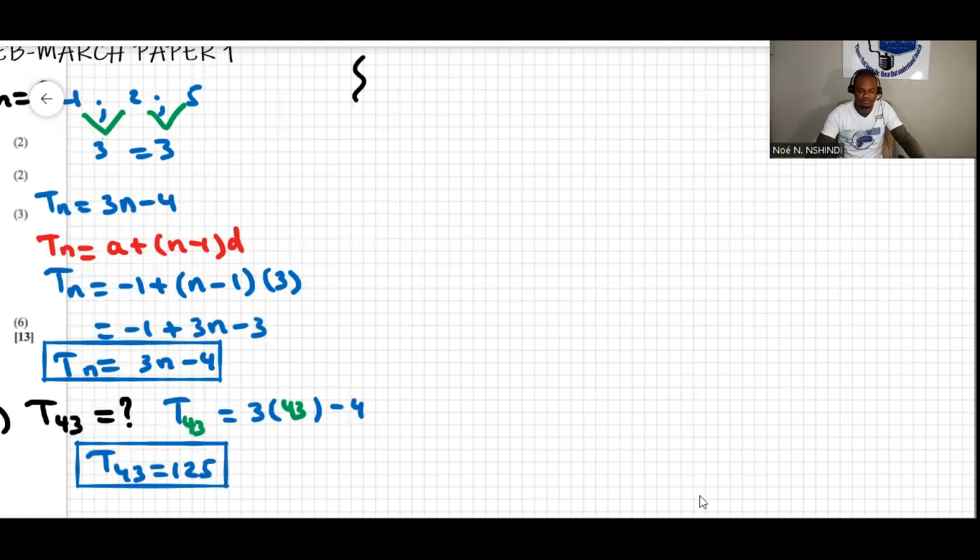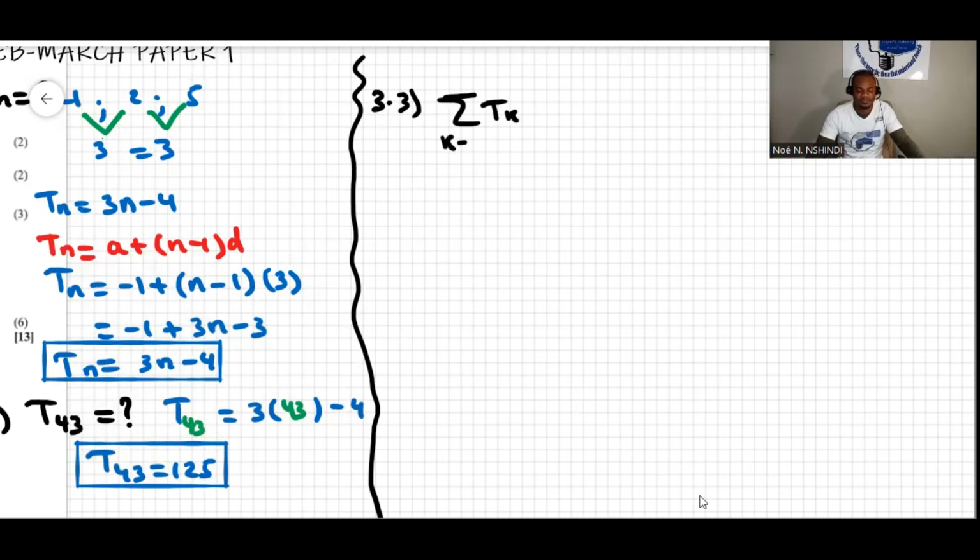Okay, 3.3. So we are looking for the sum of Tk, k starting from 1 to n, in terms of n. Now the sigma notation is just the sum.